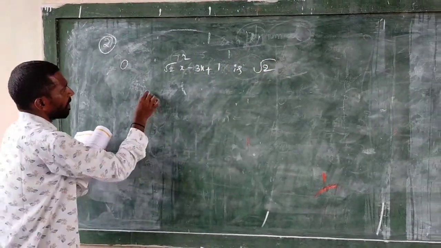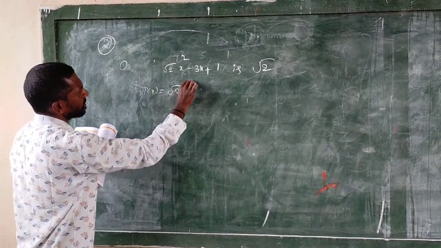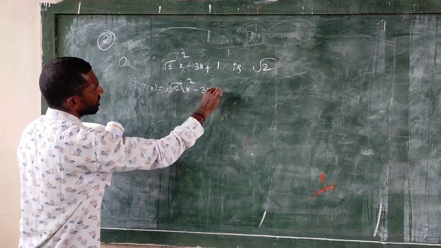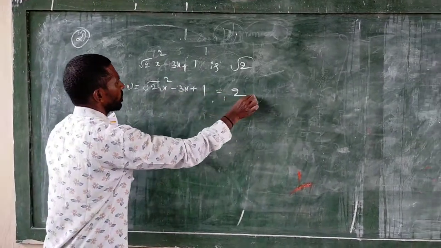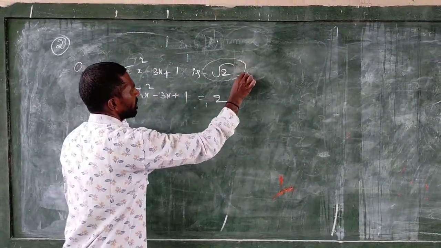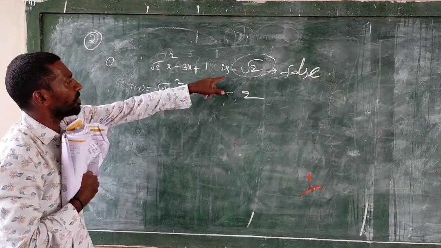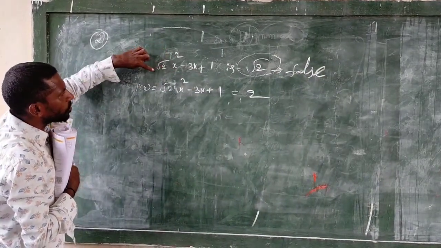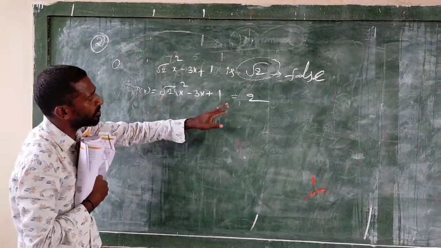So the degree of a polynomial: let p of x equal root 2 x square minus 3x plus 1. The highest degree in the polynomial equals 2. So the given answer, root 2, is false, because root 2 is the coefficient term of x square. The highest degree in the polynomial, the degree, equals 2.